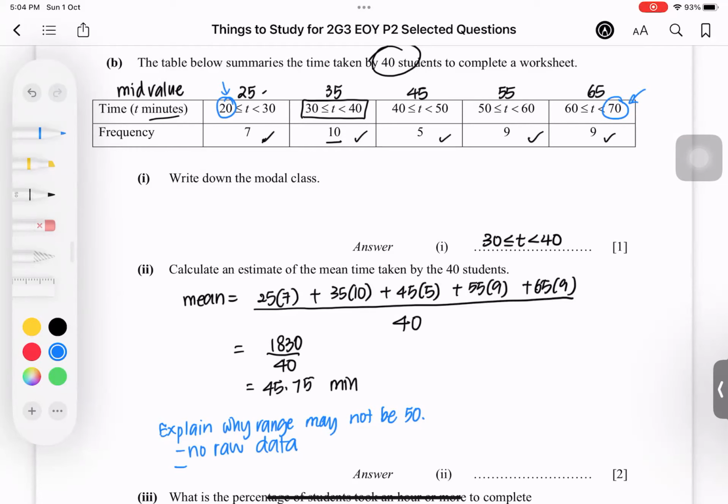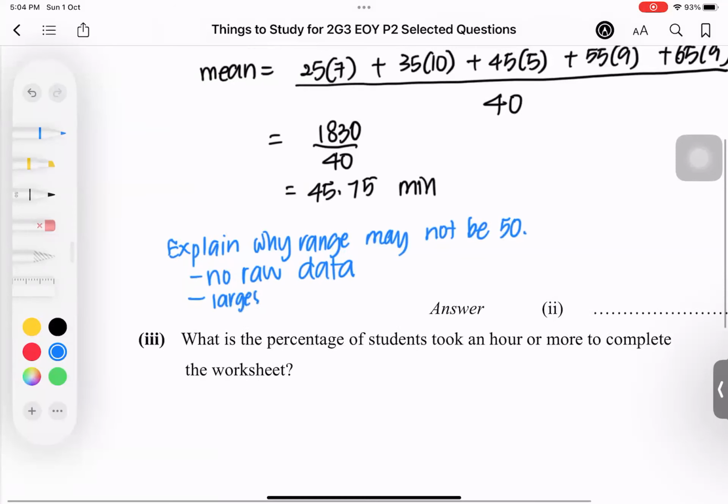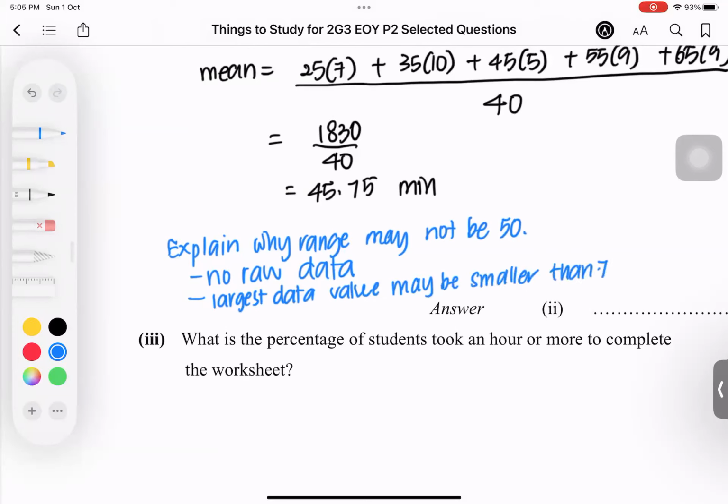So the largest value may not be 70, it may be smaller than 70, while the smallest data value may be larger than 20.